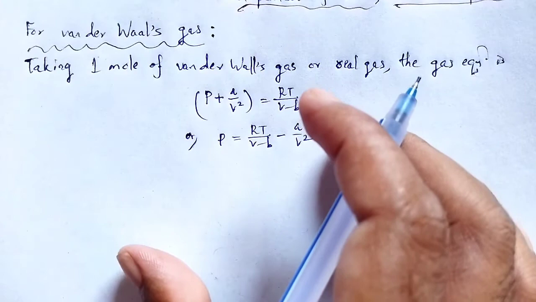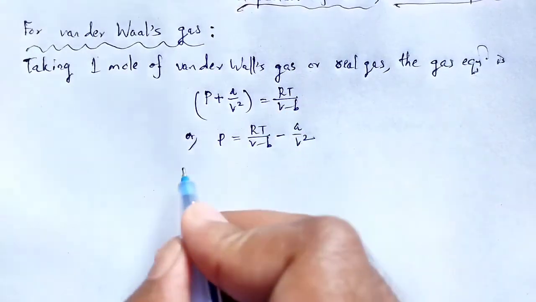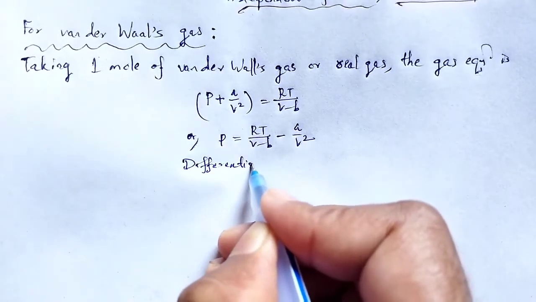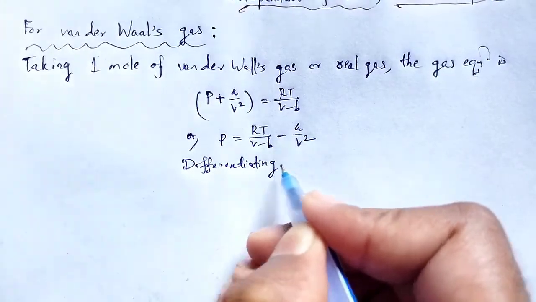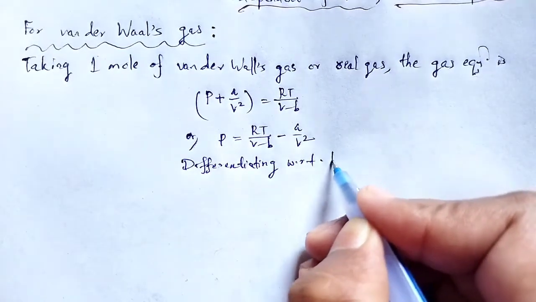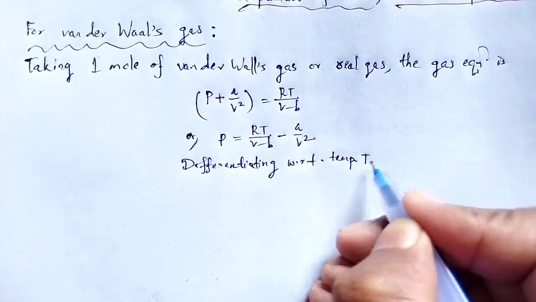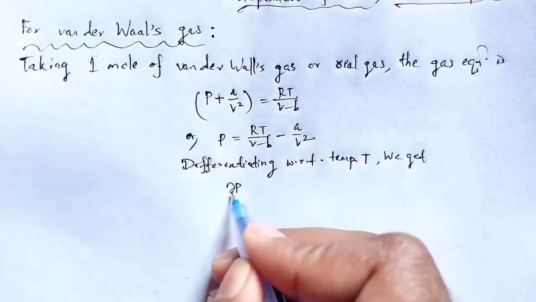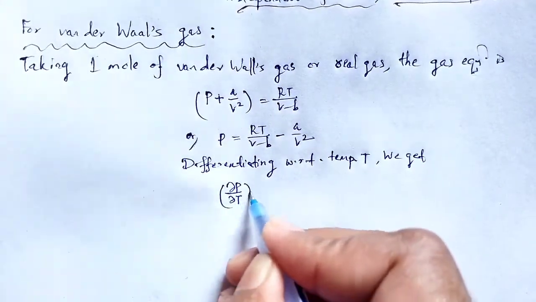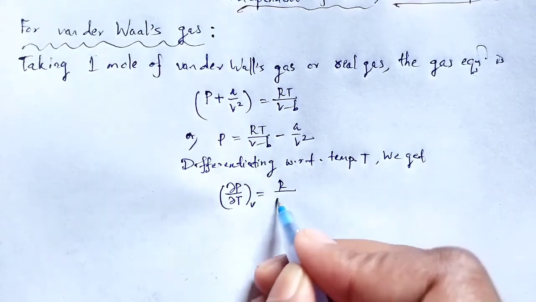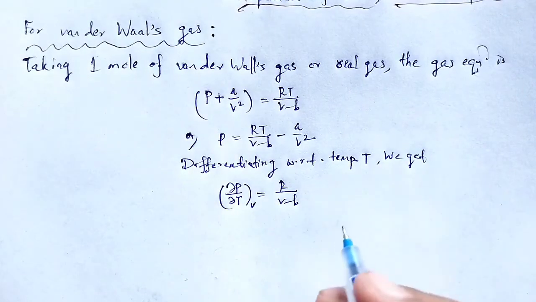Now differentiating with respect to temperature T, we get ∂P/∂T at constant volume, that is R divided by (V − b).